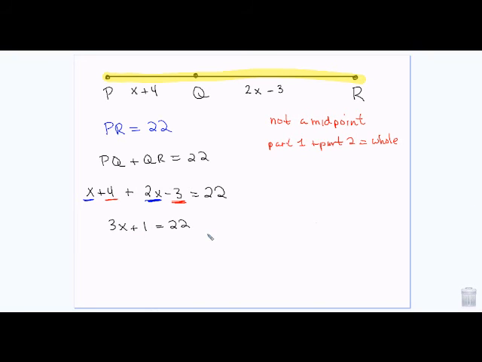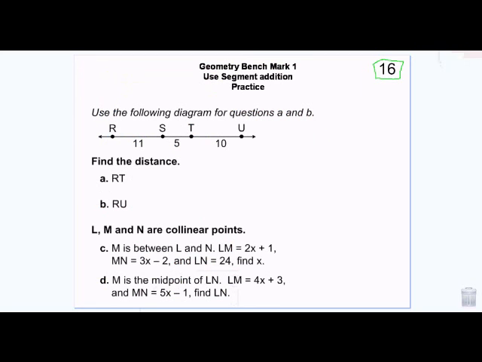And then I want to get this 1 over here with this 22, so I'm going to subtract it from both sides. So I get 3x equals 21. And then I want to get rid of that 3, so I'm going to divide. And I get x equals 7. All right.